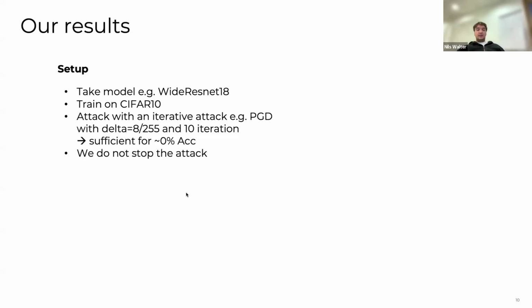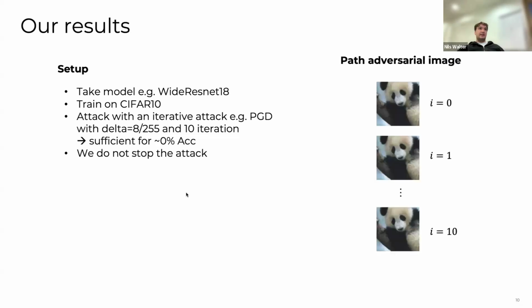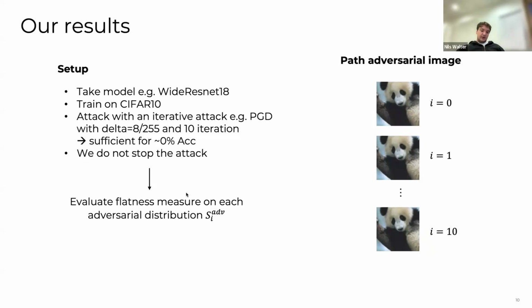Important to note, we do not stop the attack. So for this, we get a whole trajectory of adversarial examples. I mean, it's imperceptible, nothing will change, but the model will behave drastically differently. Now, here comes how our setup is a bit different, because at each of these iteration steps, you get something like an adversarial distribution per step.